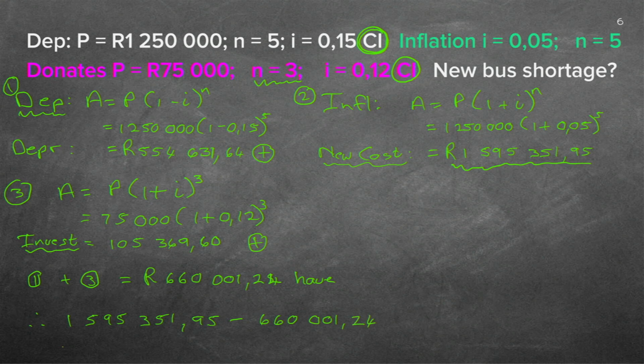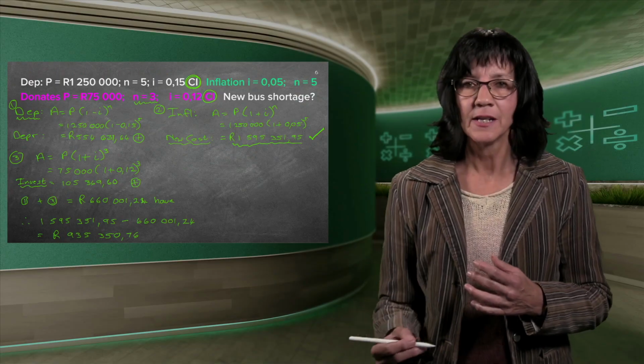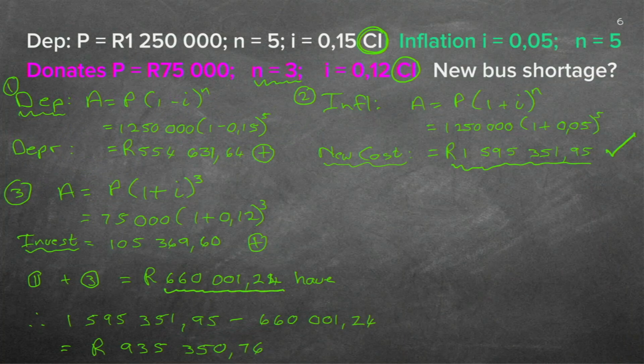And if you do that on your calculator, you get the amount of 935,350.76. Now, are you short of that or do you have that extra? The amount that you need to have there is much bigger than the amount here that you actually got.